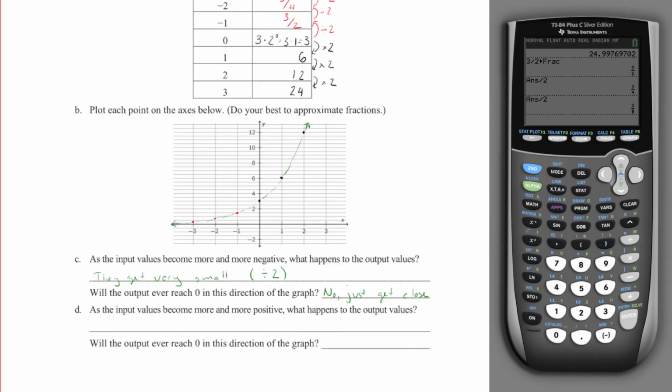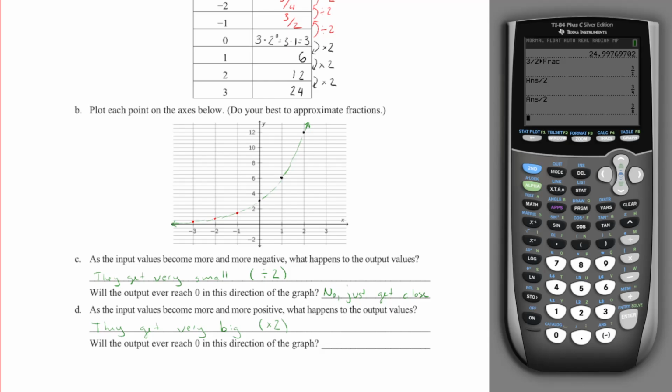On the other hand, as the input becomes more and more positive, going off to the right, the output values get very big. Every time our input increases by 1, our output doubles.